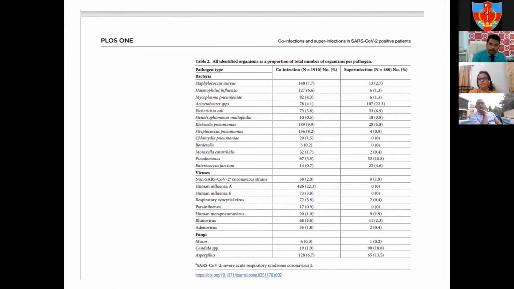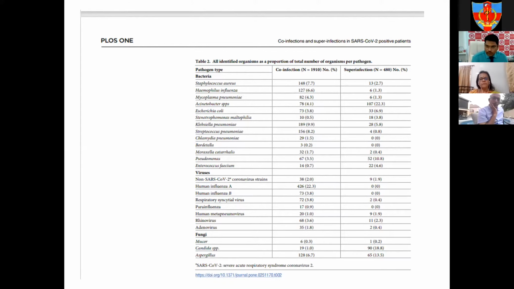So the common bacterial infections that occurred as a co-infection to COVID, these are all data in that meta-analytical article. The common bacterial species identified are Klebsiella pneumoniae, Streptococcus pneumoniae, and Staph aureus, and these are the common bacteria that co-infected along with COVID-19.